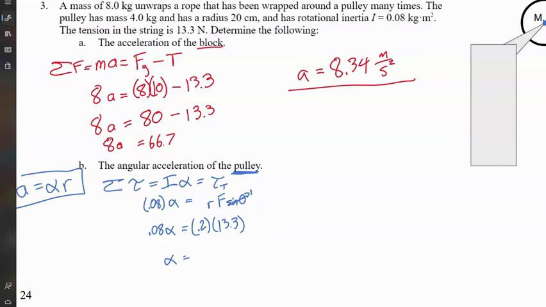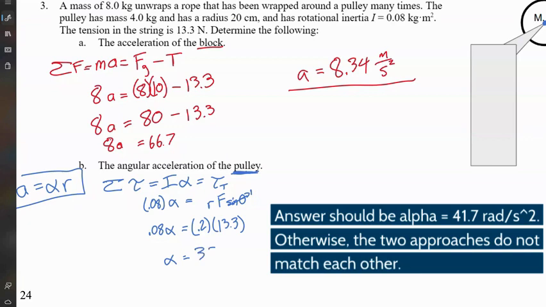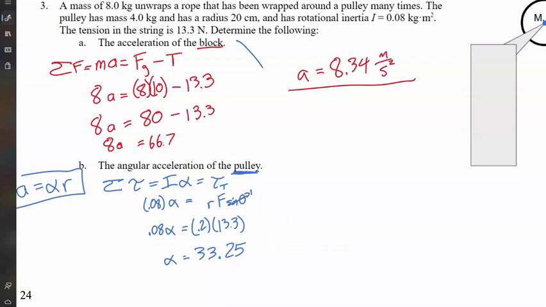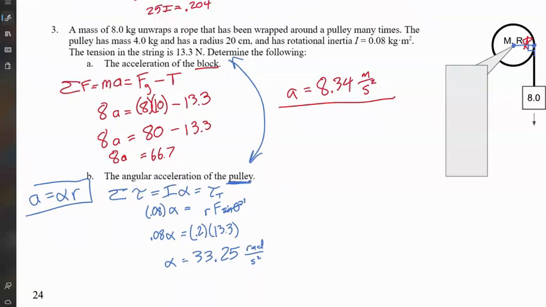Again, this is just to get practice applying this net torque expression, because what if these two parts were switched? Then we would be doing the sum of the torque stuff instead of the sum of the forces stuff. So we get 33.25 radians per second squared. That is that problem.